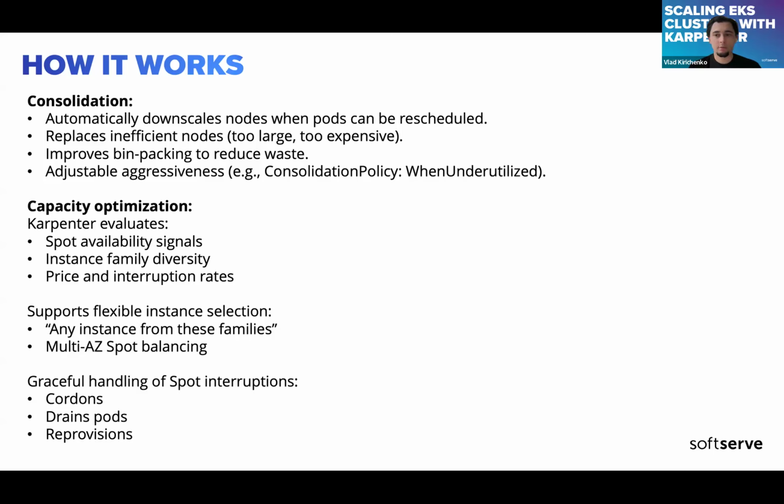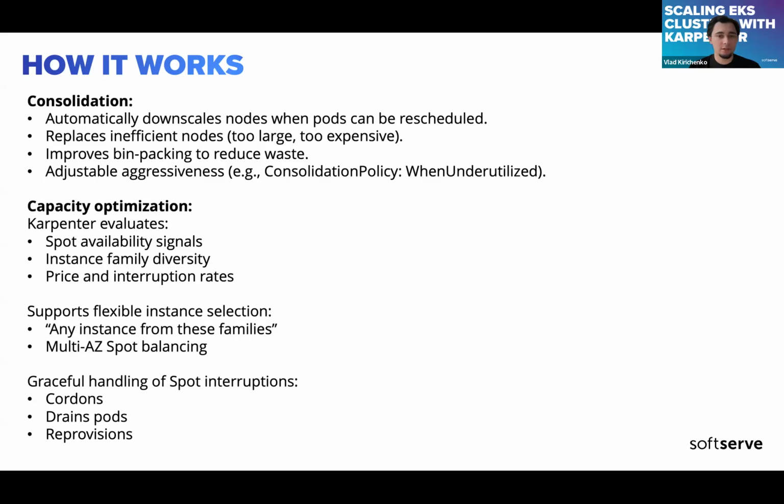When consolidation is possible, it cordons an underutilized node, gracefully relocates all pods to a different node, and then terminates it. This is great bin packing optimization that happens automatically with Karpenter. As I said, we can use more aggressive or conservative options for that as well.